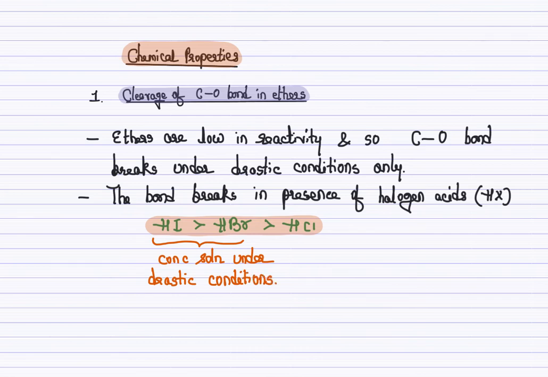HCl generally is not preferred because the rates are too low. So these two are generally used, and more preferred is HI for breaking the CO bond in ethers. So let us now take the mechanism and understand how exactly this happens.